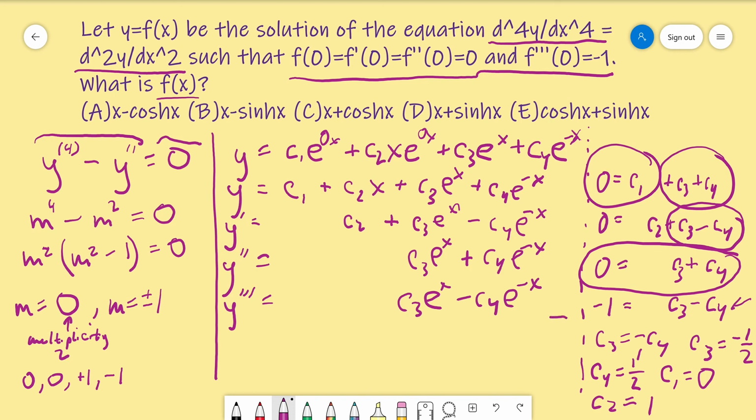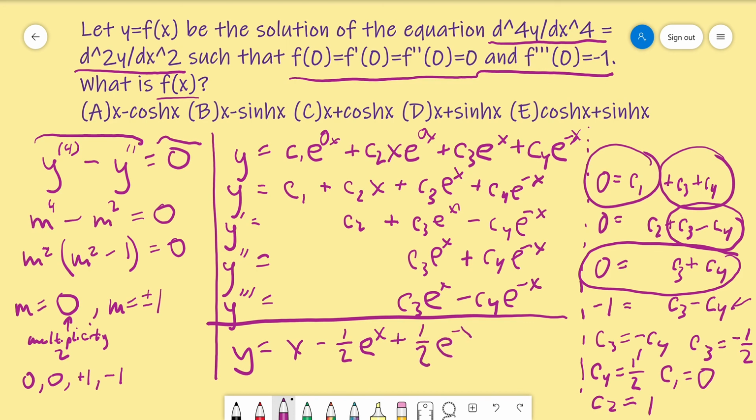So that means that our function y is equal to C1, which is 0, plus C2, which is 1, so that's just x. And then C3, which is negative 1/2, so minus 1/2 e to the x, plus C4, which is 1/2, e to the minus x. So you have to remember your hyperbolic trig functions.